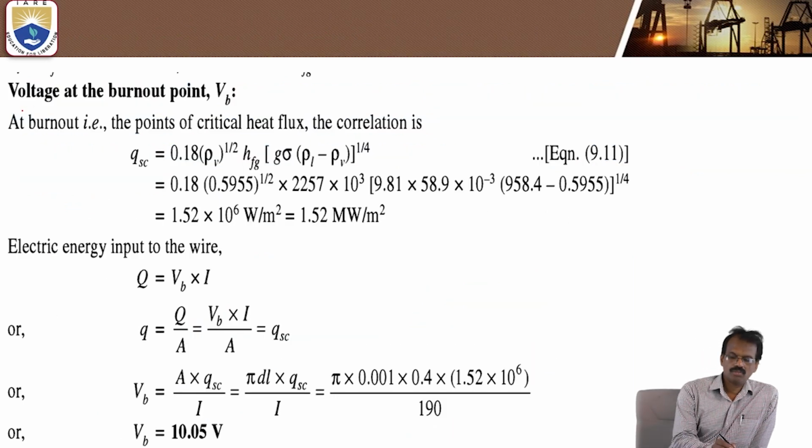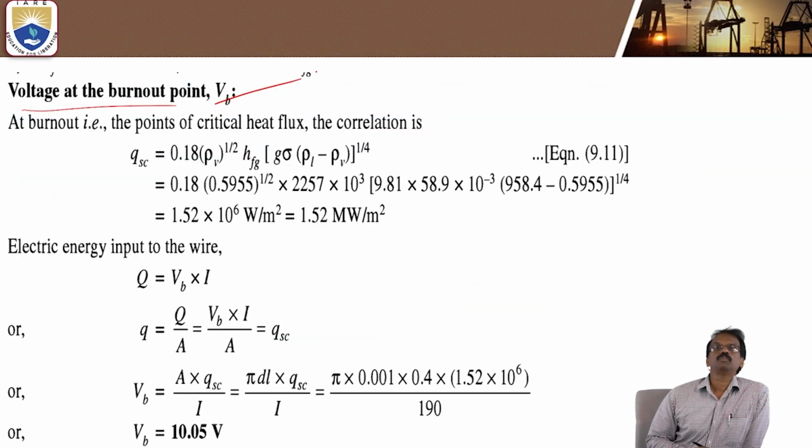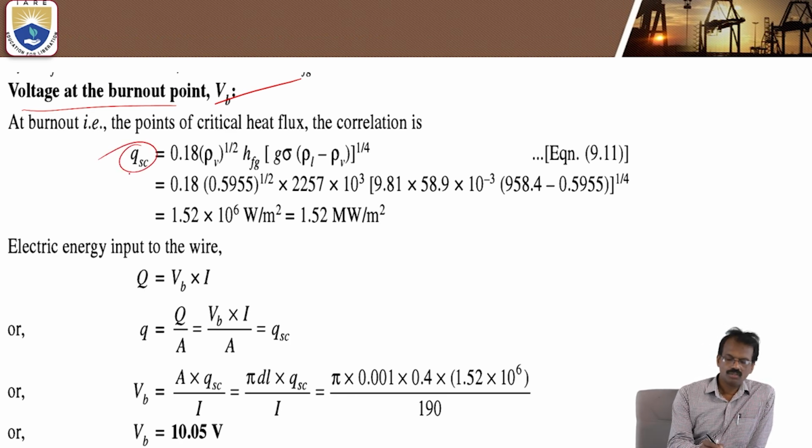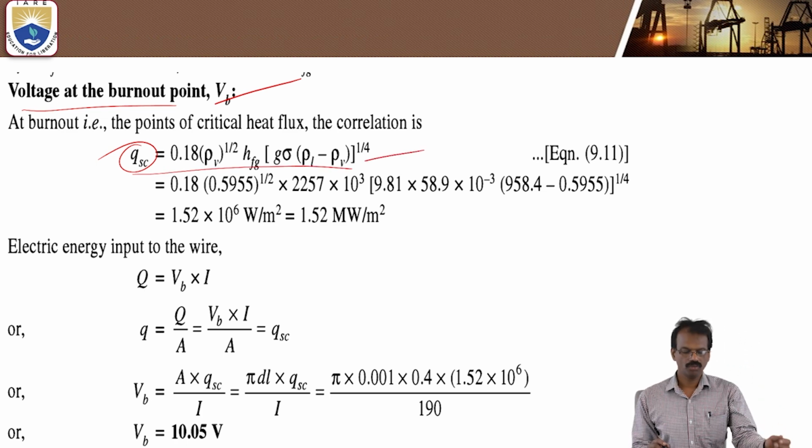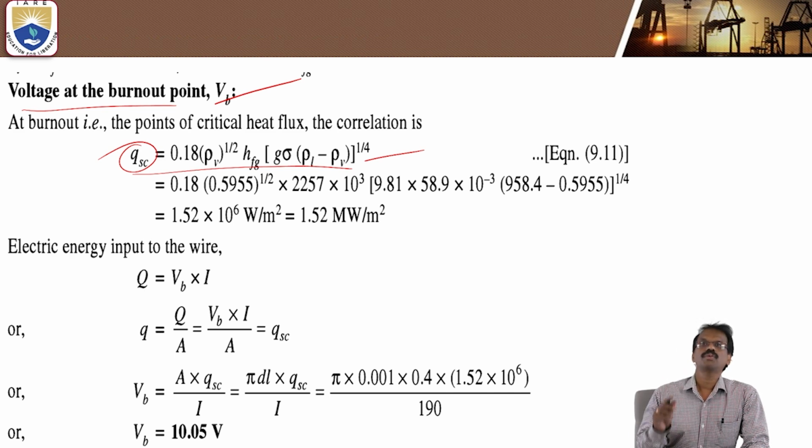So first, the voltage at the burnout point. Burnout point means critical heat flux. You know the critical heat flux formula: 0.18 into rho v to the power 1 by 2 HFG into [G sigma (rho L minus rho v)] to the power 1 by 4.